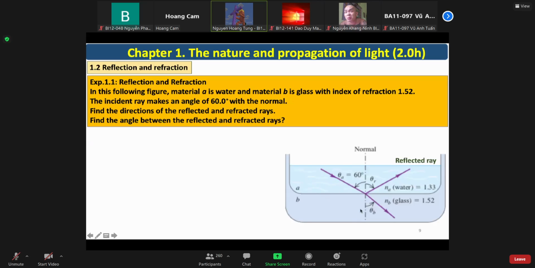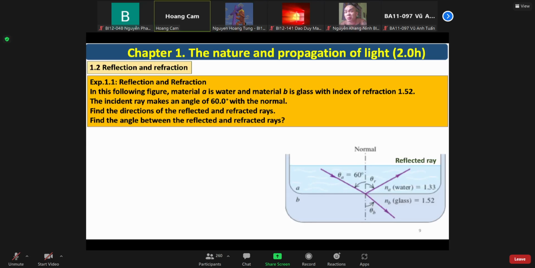So the direction of the reflected ray is equal to the angle of the reflected ray, right? Am I correct? Yes, the direction of the reflected ray, in fact, is the angle of reflection. So the direction of the reflected ray is equal to 60 degrees.